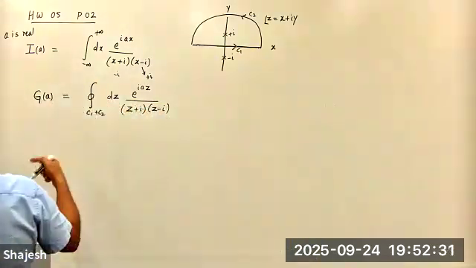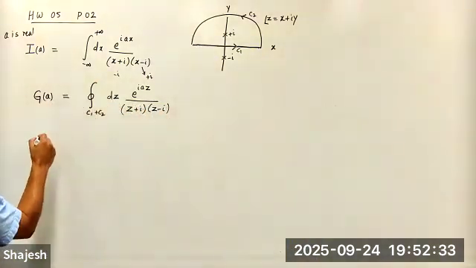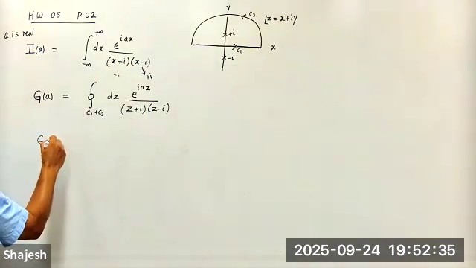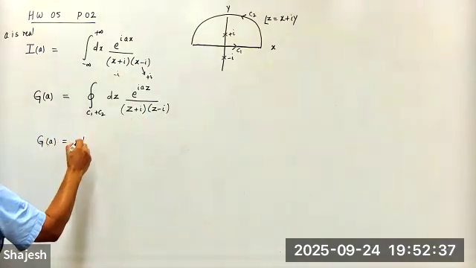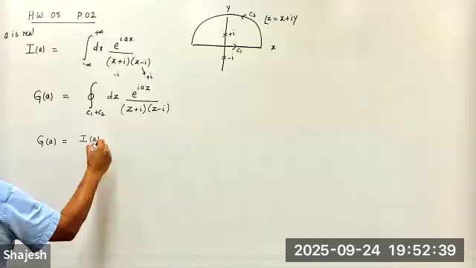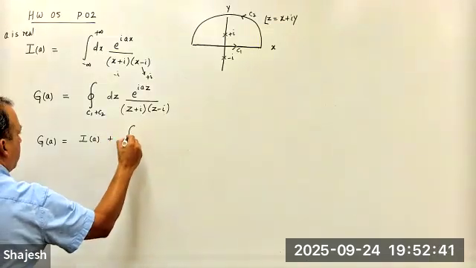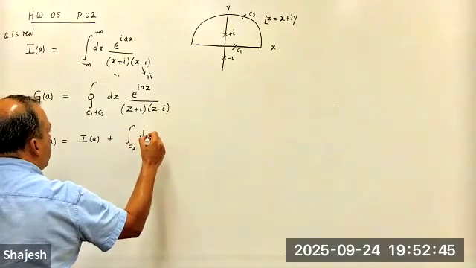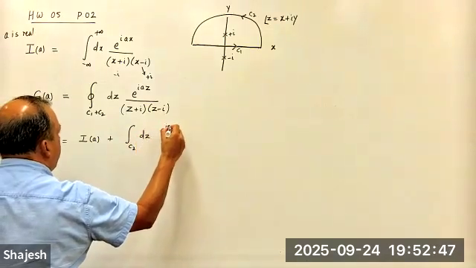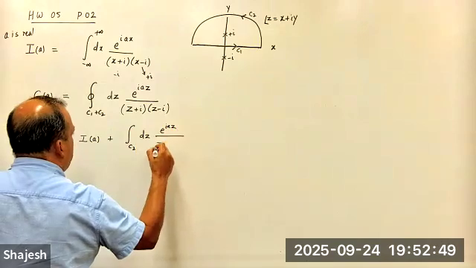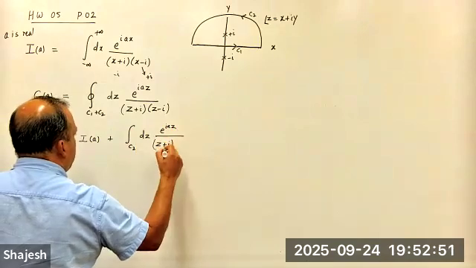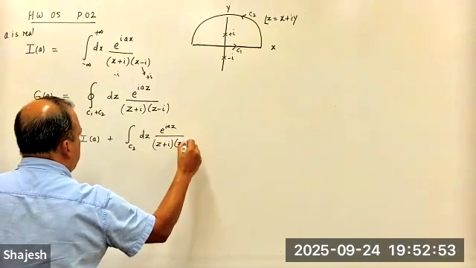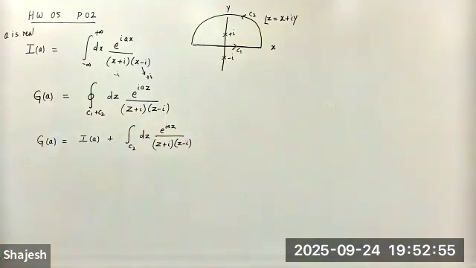So I can say that G of A is equal to I of A plus the integral over C2 of e raised to iaz over z plus i and z minus i. Is that correct? Yeah.